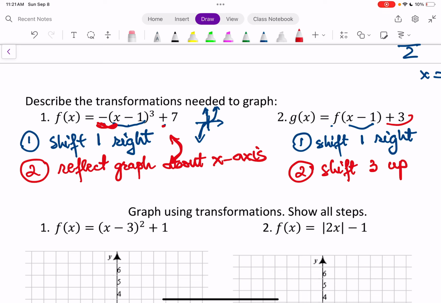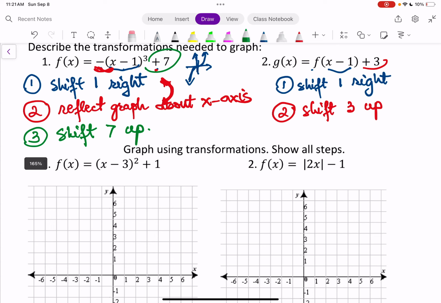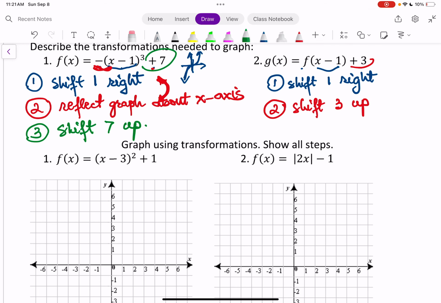So all your y's are now negative y's. And finally, the plus 7 to the function simply means that we're going to shift the graph 7 units up. You can write units or you can just not write them. Just save some time. Okay.